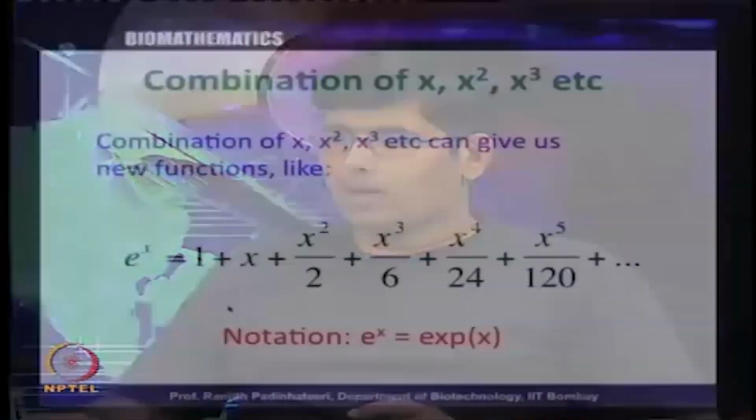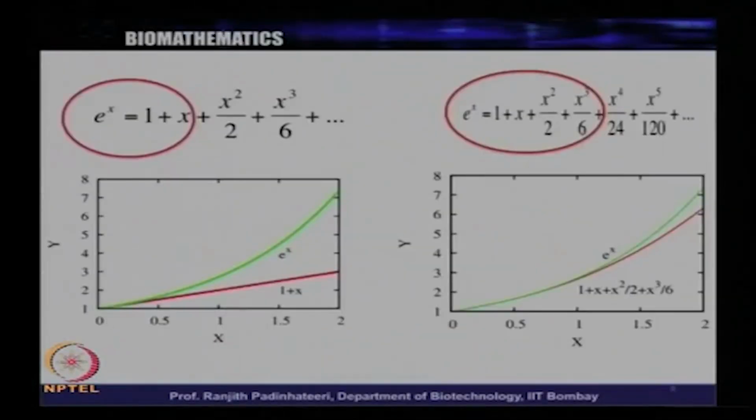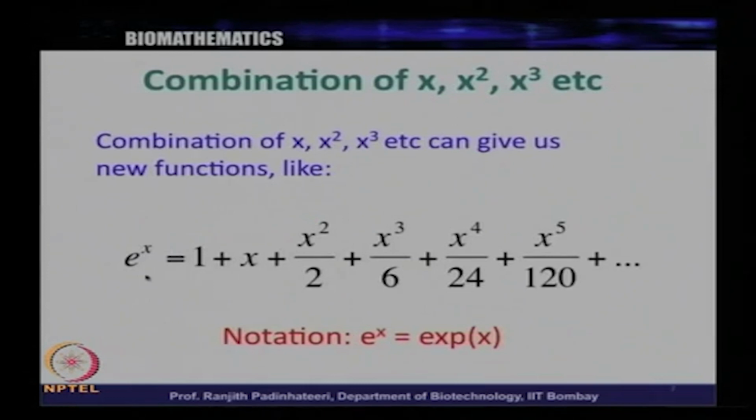Last time we discussed a very well known function called the exponential function, and we expressed it as a combination of x, x power 2, x power 3, etc. Let us remind ourselves what we wrote last time. We wrote e power x equal to 1 plus x plus x square by 2 plus x cube by 6 plus x power 4 by 24 plus x power 5 divided by 120 plus dot dot dot.